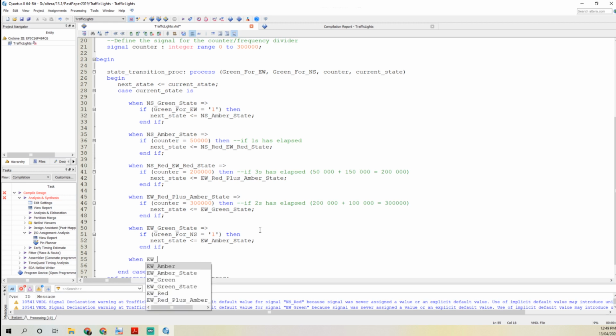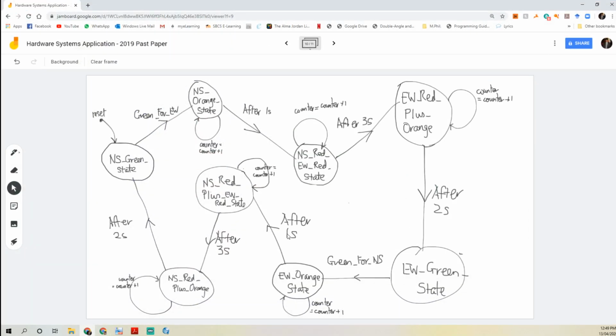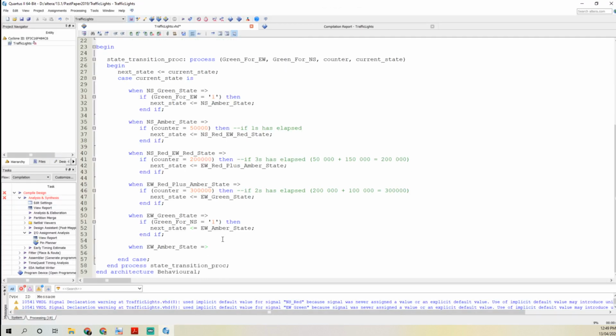When I'm in the east-west amber state, what happens? In my east-west amber state, I need to look for when 1 second has passed for me to go into the north-south east-west red state. So this is when my east-west lights are orange now, and I need to look at when 1 second has passed.